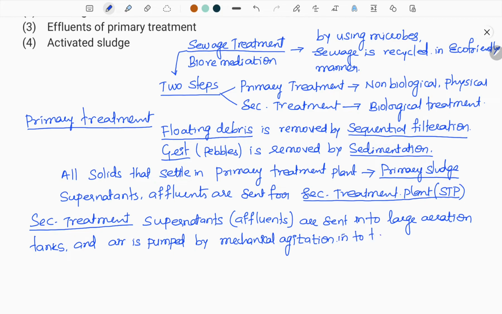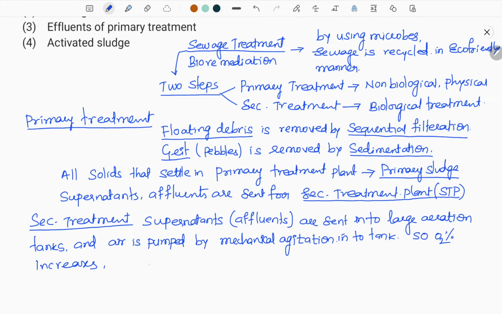So what happens by pumping air? You know that air contains 21% of oxygen. So the oxygen content inside the aeration tank increases. I am writing: oxygen percentage increases.